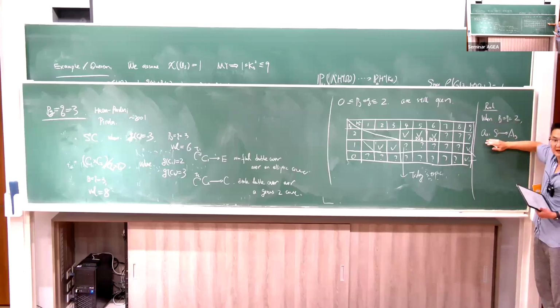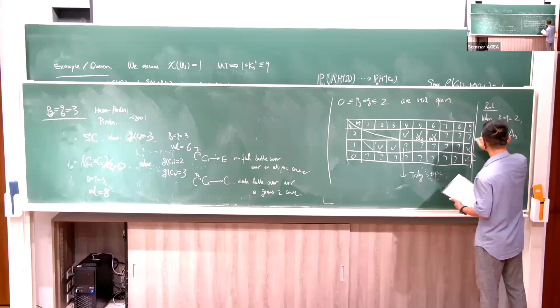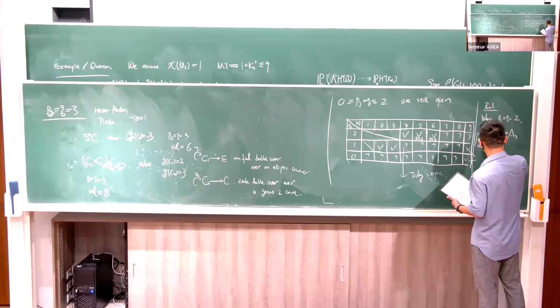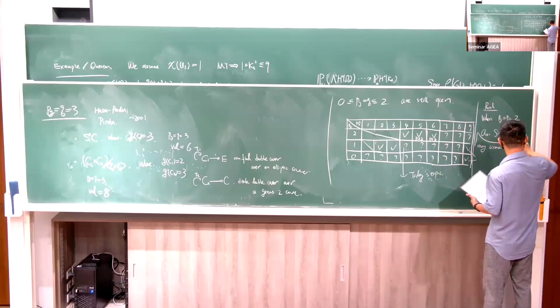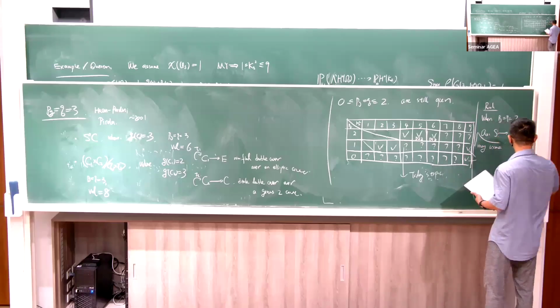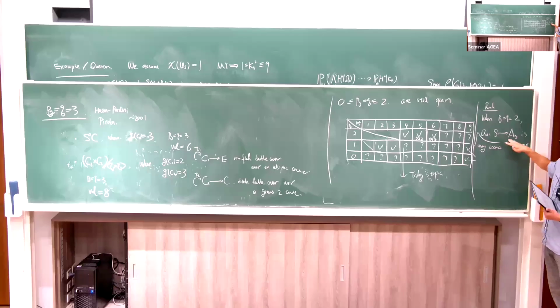When we consider the Albanese morphism, we may assume it is surjective. The reason that we can assume this is because the Albanese variety is an abelian surface since q equal 2. If it is not surjective, then the image is only a genus 2 curve.